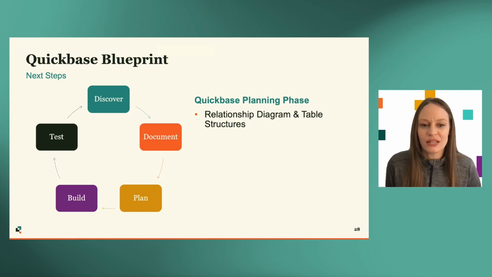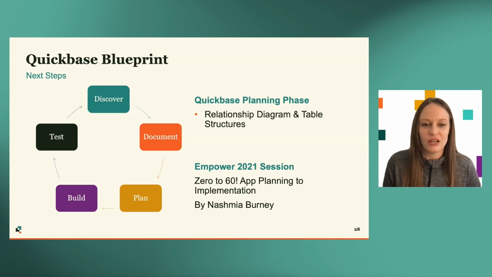And I would just like, again, to mention the other Empower session that will tackle this part of the planning phase. And that's by Nashmia Burney. And she's going to show you 0 to 60 app planning to implementation. And she will really show you how she built out relationship diagrams and table structures utilizing discovery information right in Lucidchart and then using the visual builder in Quickbase.